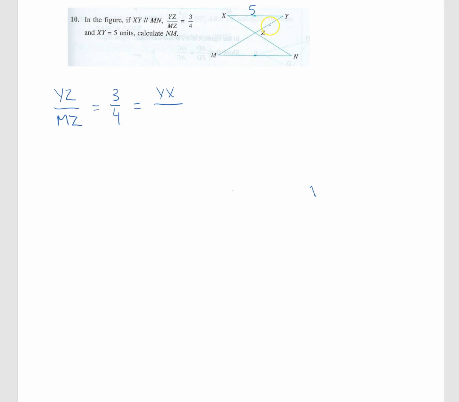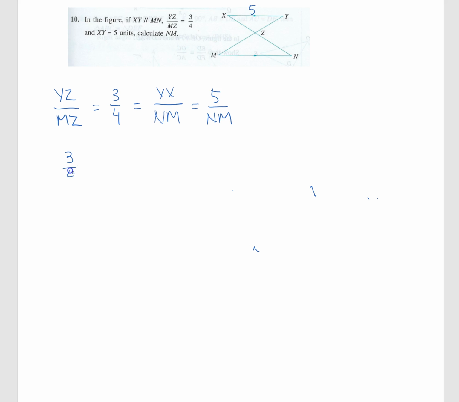And on the bottom, MZ is the bigger triangle, so we also want the bigger triangle NM on the bottom. And we can plug in what we know, which is that YX is 5 units. And now we can just simplify this down into what we need to solve for NM.